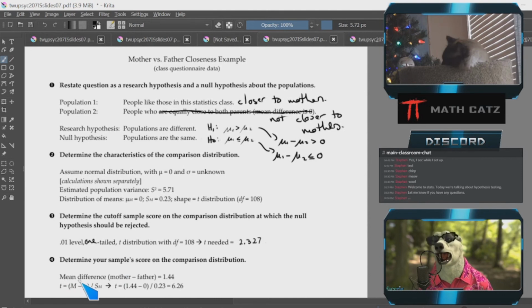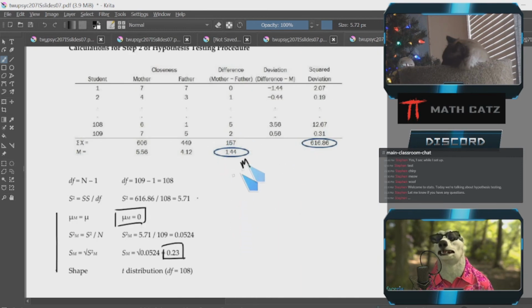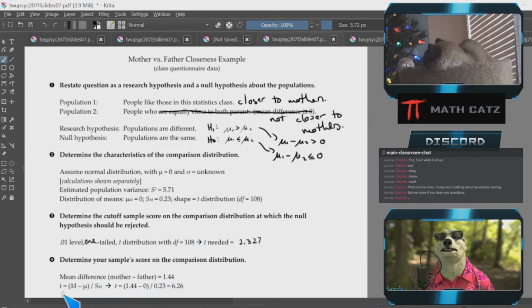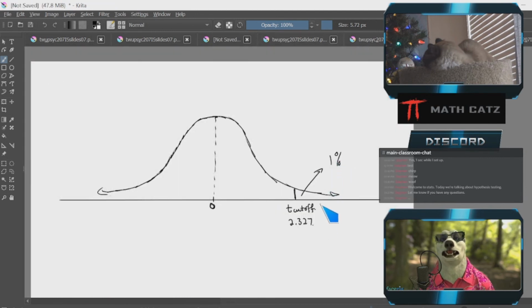So then we look at the sample mean of differences we got, 1.44. Is that what we got? 1.44 over here. Then we have to convert that to its corresponding t-score, which I'll call t observed, and we get 6.26. Let's write that in. Oof, that's way out there, right? T observed, 6.26.